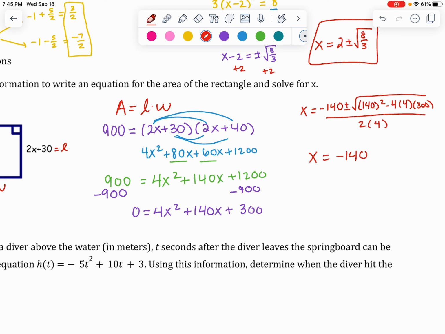Using my calculator, I'm going to simplify the radical. So I'm going to do 140 squared minus 4 times 300. And I get 14,800. And then 2 times 4 is 8 on the bottom. I'm going to try to take the square root of that number. It is not a perfect square. So we are going to leave it.